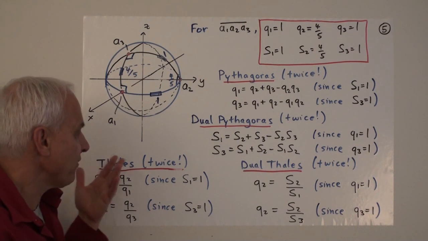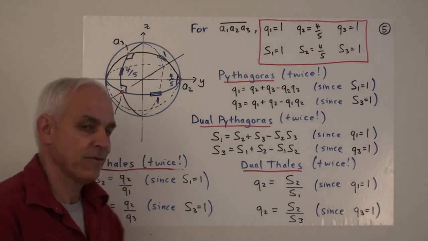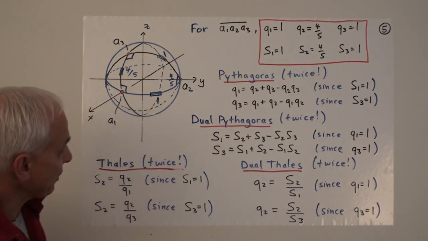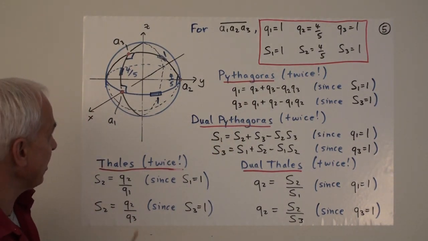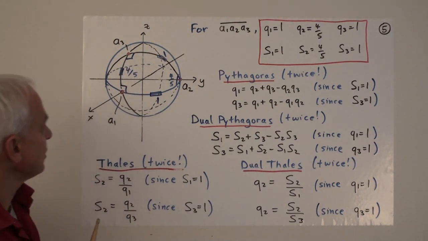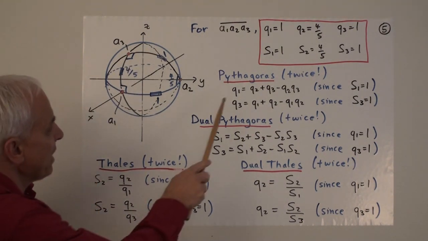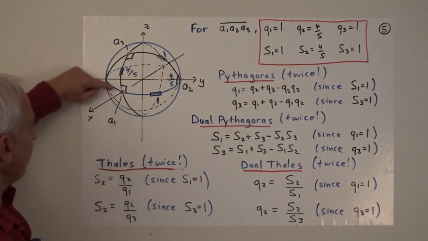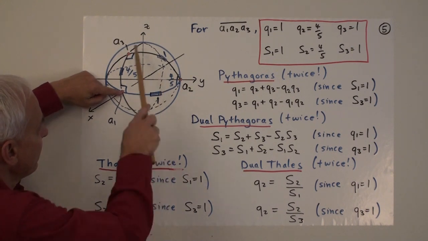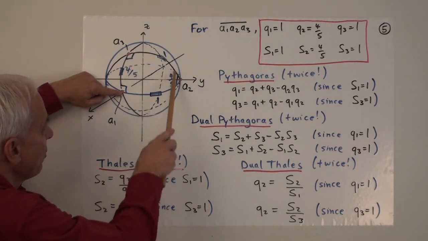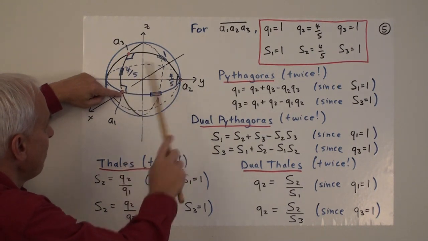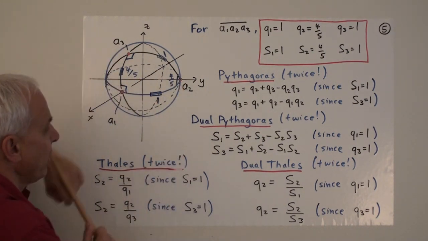Now we can check the various formulas for trigonometry. We can check Pythagoras' theorem. In fact, there will be 2 occurrences of Pythagoras' theorem because there are really 2 right triangles here. Since S1 is 1, that spread at the vertex A1, the claim is that this quadrance Q1 equals Q2 plus Q3 minus the product of Q2 and Q3.